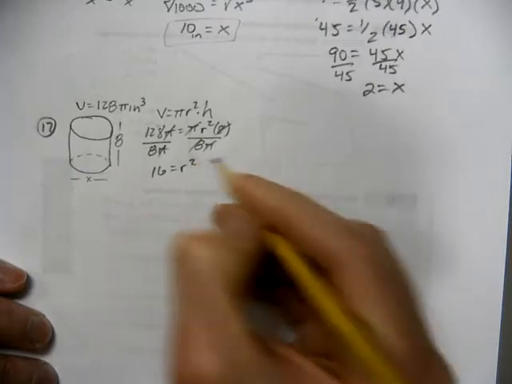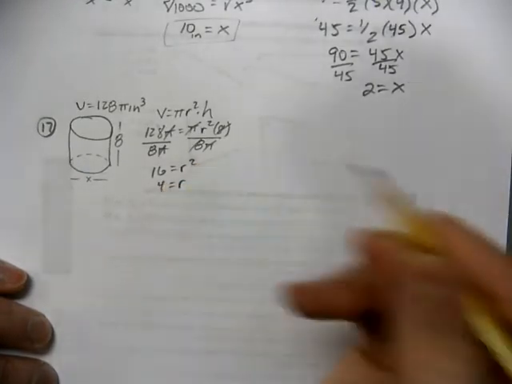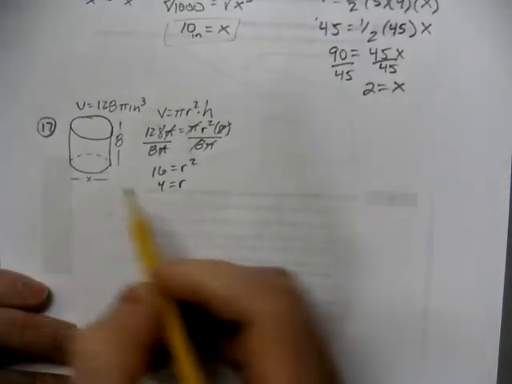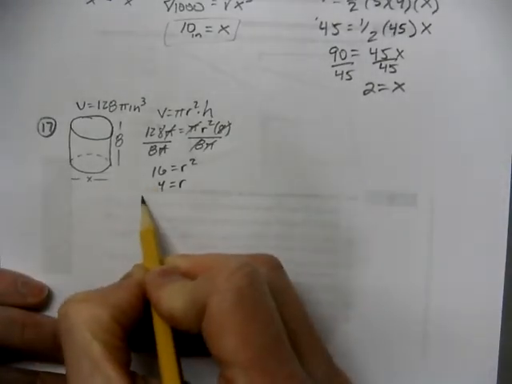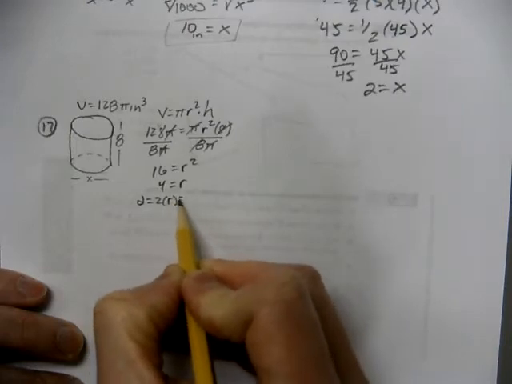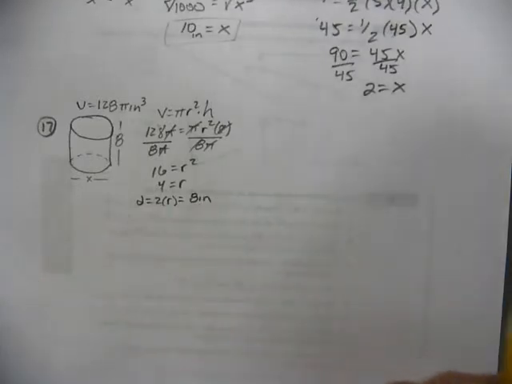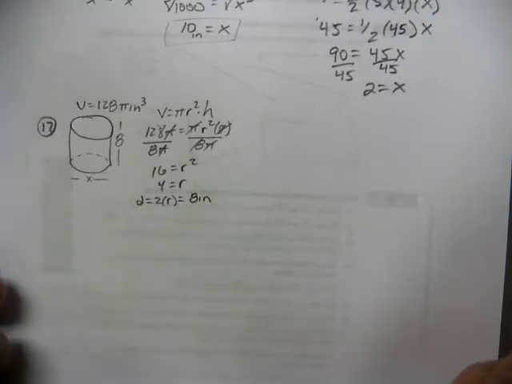So 16 equals r squared. So when you take the square root of that, you get 4. And the diameter equals 2 times r, which equals 8. These are inches. It's not cubed, it's not squared, because this is a length, this is a diameter.